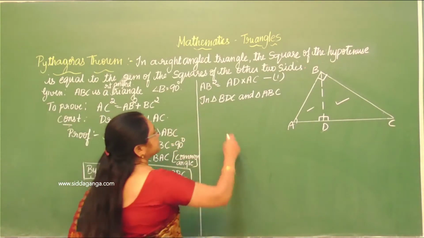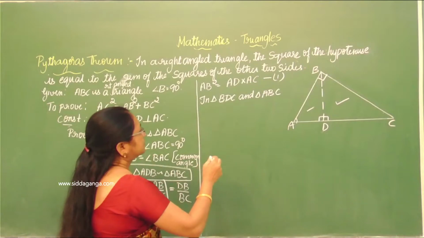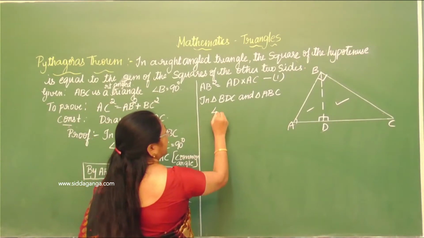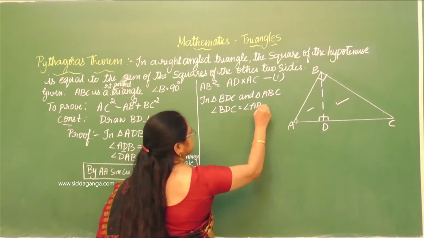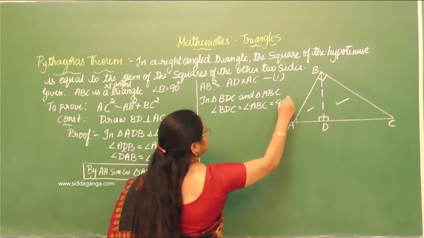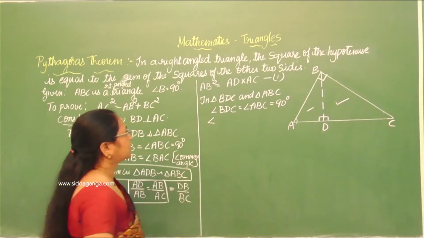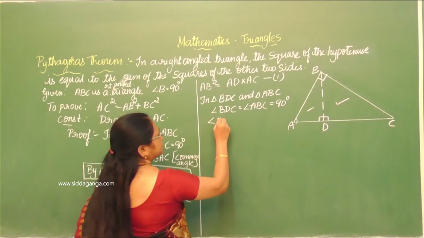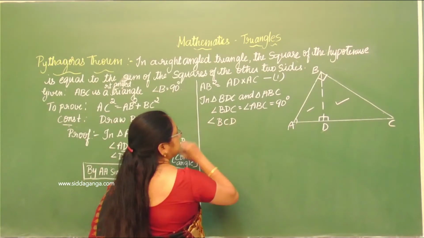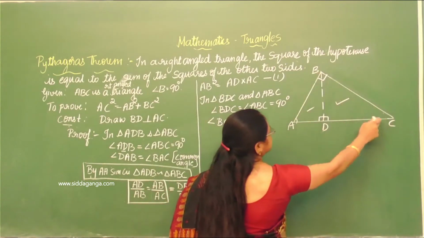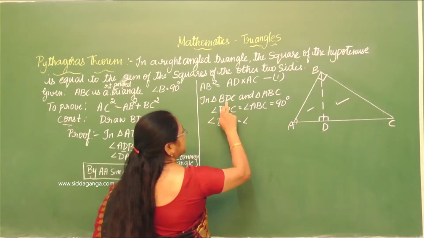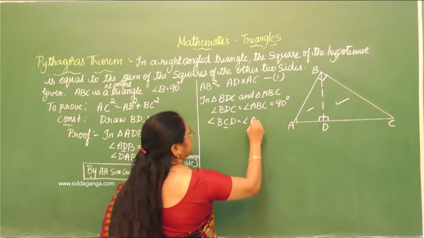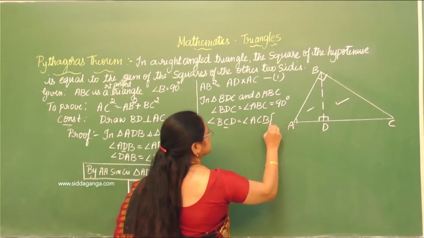So here angle BDC is equal to angle ABC. Why? Because 90 degree. Next, angle BCD is equal to angle ACB. Why? Because common.